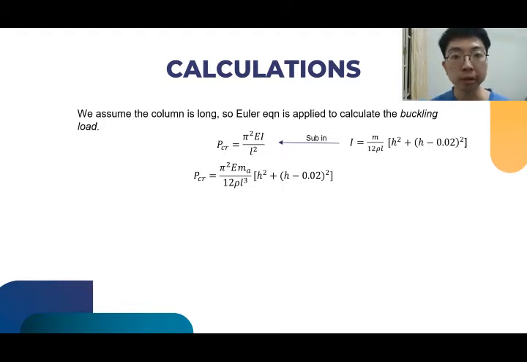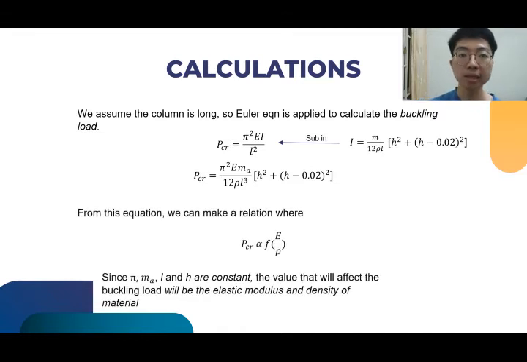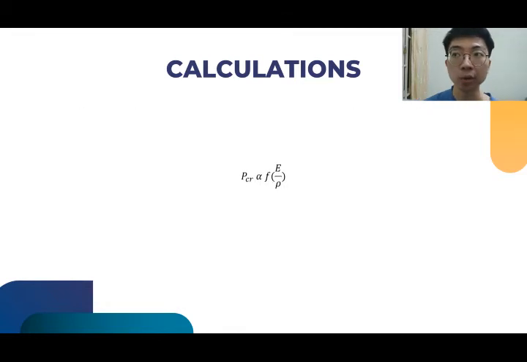For the critical load, we can substitute the equation that we have derived into it, and then create a critical load equation that is a little bit different. From this equation, we can find a clue, which is the relation between the critical load with the modulus of elasticity and the density.